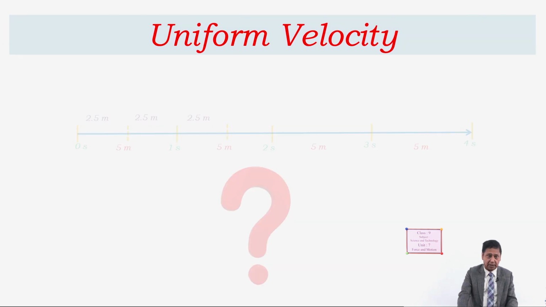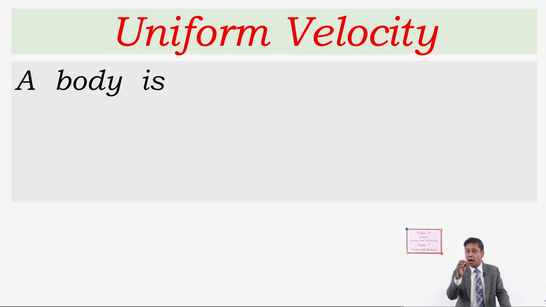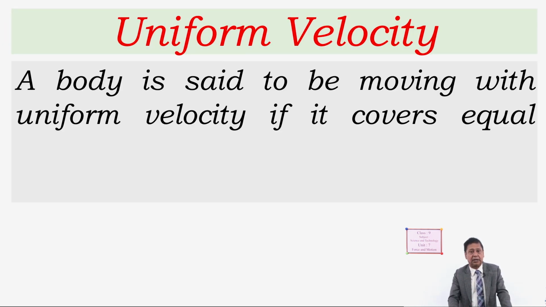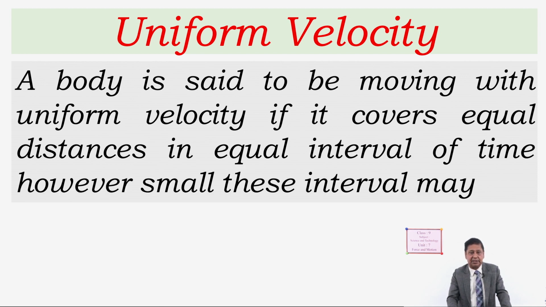Look at the definition. A body is said to be moving with uniform velocity if it covers equal distances in equal intervals of time, however small these intervals may be. This is the definition of uniform velocity.